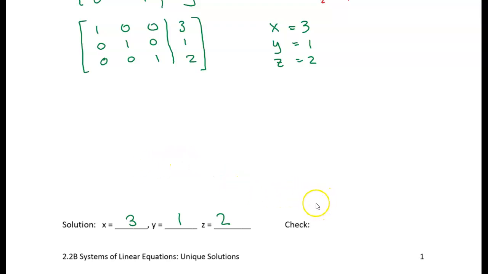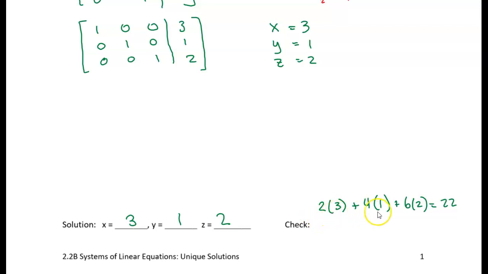You could probably see it if you have this written down on your paper, but we have 2x, x is 3, plus 4y, y is 1, plus 6z, which is 2. And we want that to equal 22. That's the first equation.